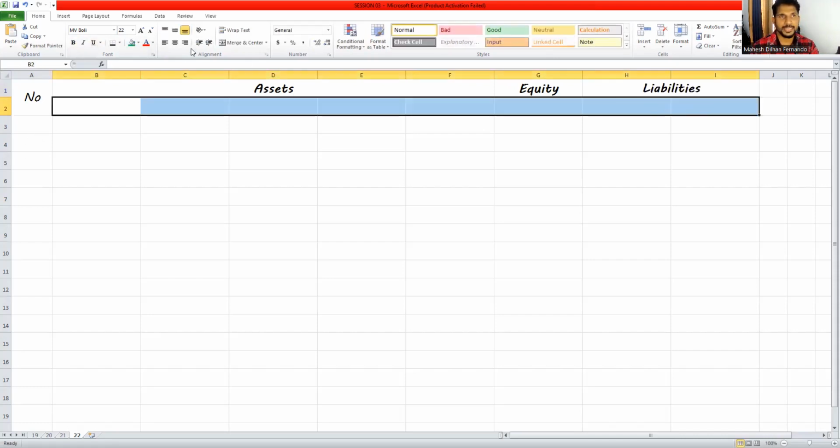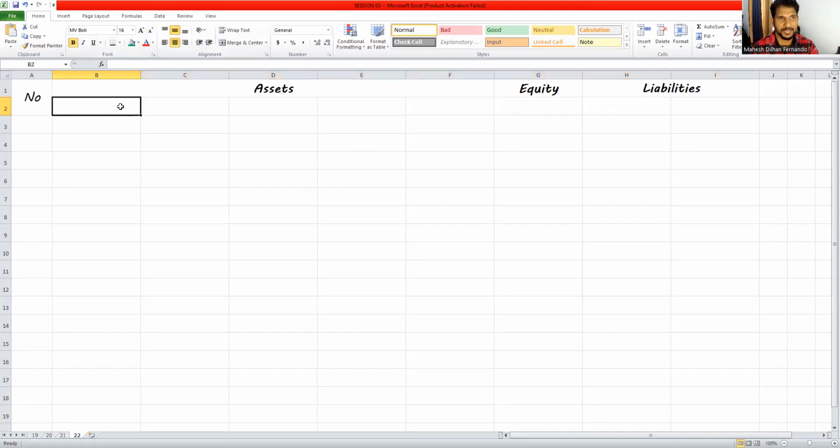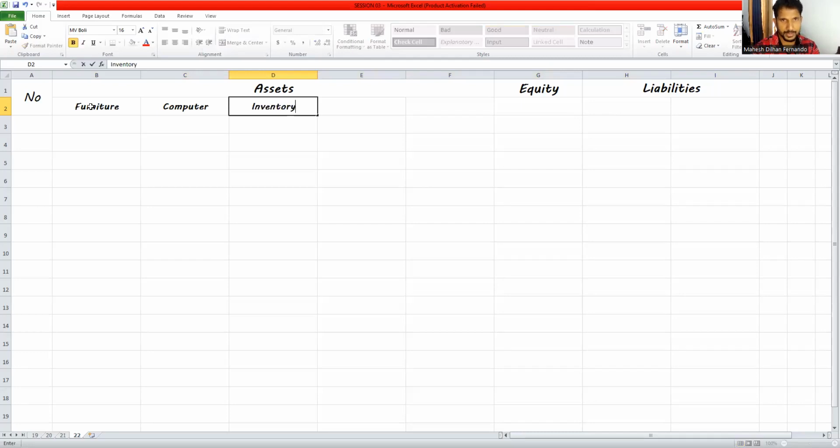And these are the names, right, of the assets we have been given. Assets. What are they? We have furniture, then computer, inventory, debtors, cash.